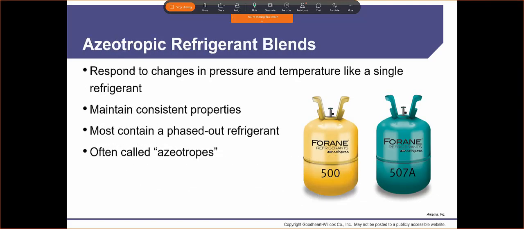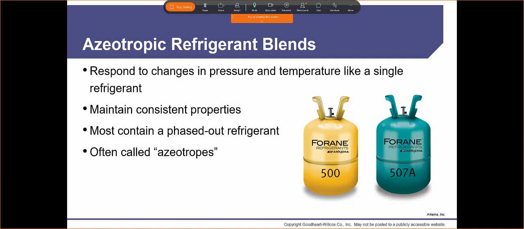Azeotropic refrigerant blends respond to changes in pressure and temperature like a single refrigerant. That means they're going to act similar to an R22. Even though they are a blend, they still act like a single refrigerant. So with these, you may be able to charge them as a vapor.